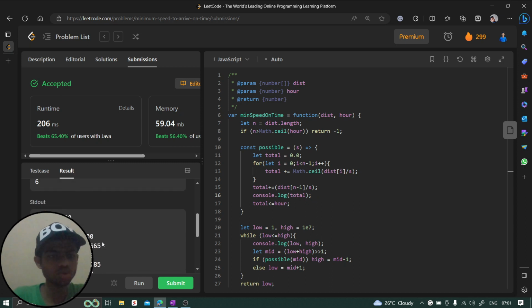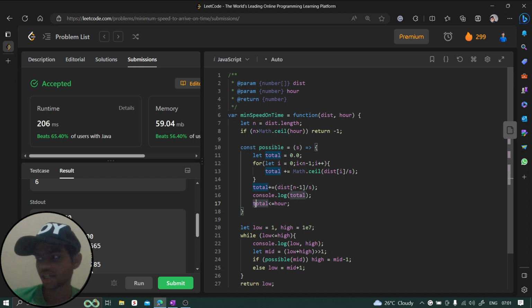So what I got is 2.04, and which is less than our hour, right? So if this is the case, then this is less than our hour, it should return true, right? So if it is returning true, then we are moving to the left side. So high should be equal to now mid, but it's not doing that particular part. So you can say if possible of mid is returning true.